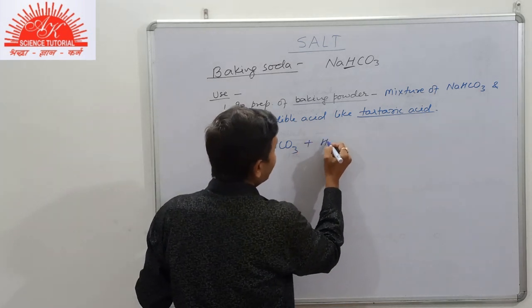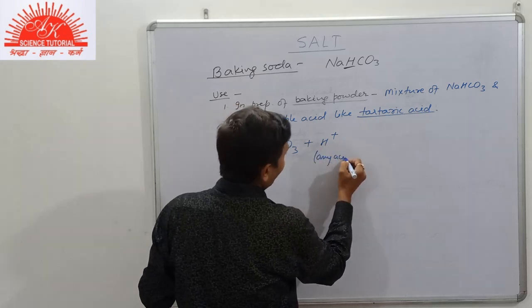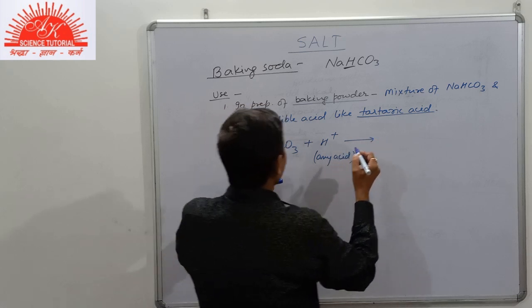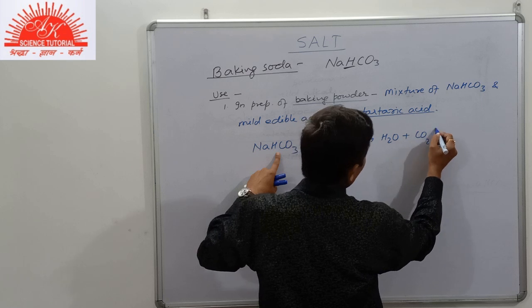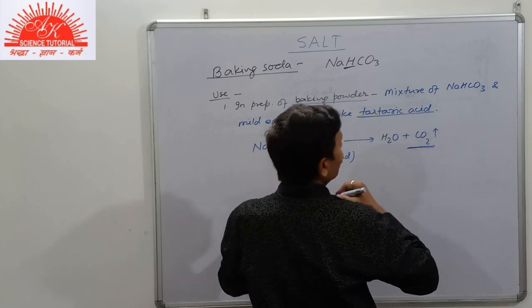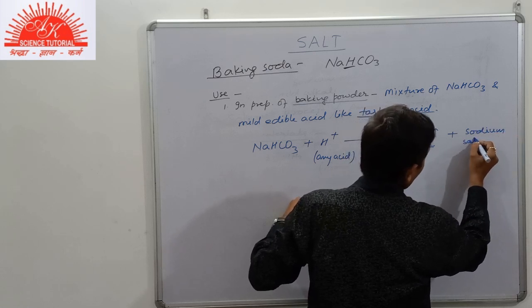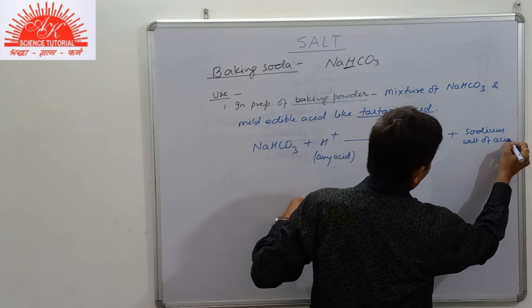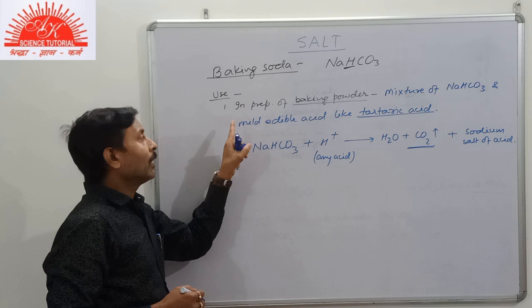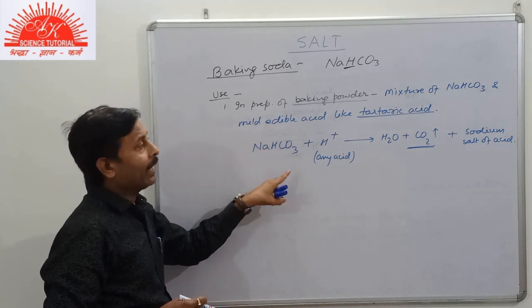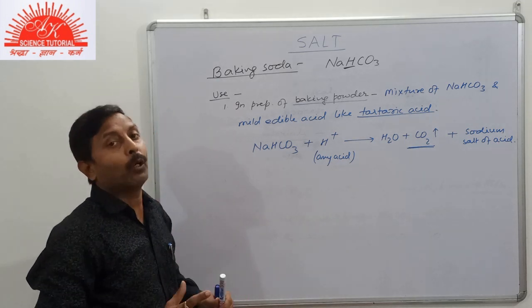So when it is reacted with any acid, it gives us H2O plus CO2 causing the dough to be fluffy, plus the sodium salt of the acid. As a result, it will be used for making pakora, biscuits, cakes, and anything in which the dough has to be made fluffy, spongy.